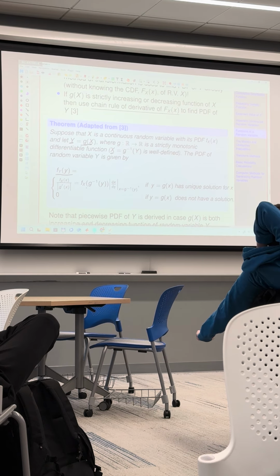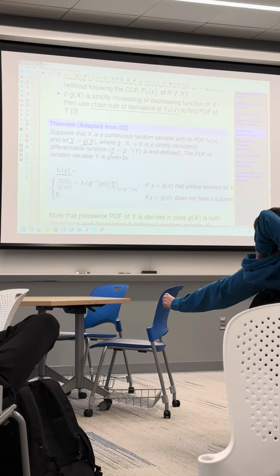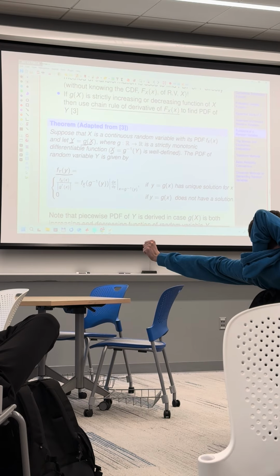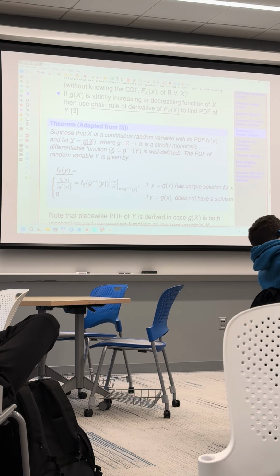As such, where you know the probability density function of random variable x, you pass this inverse function. Let's say y equals ax plus b. Therefore x equals y minus b over a.